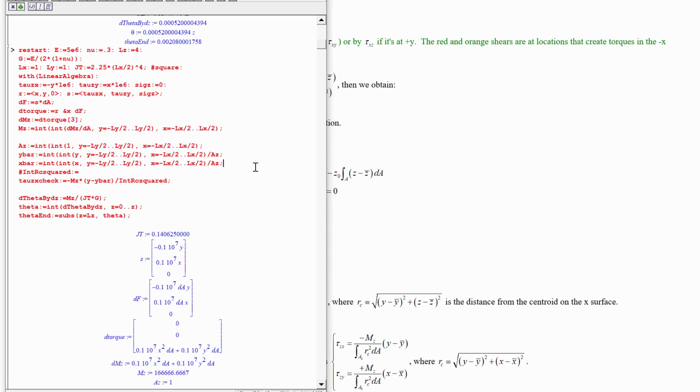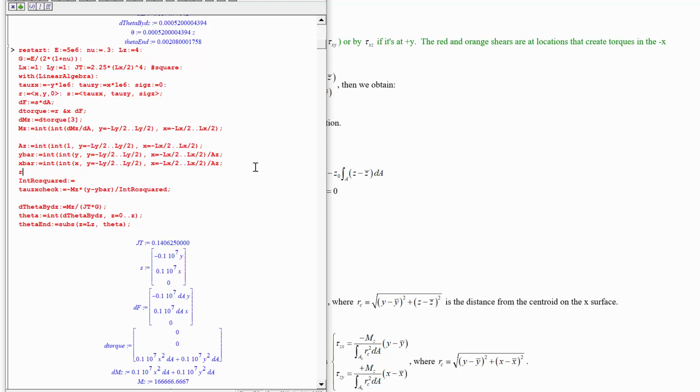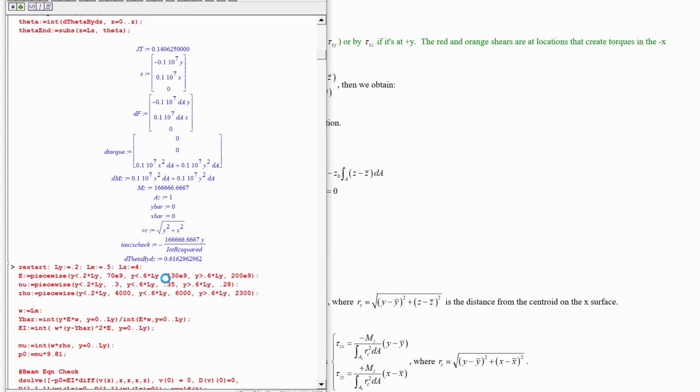Next, what will we get for this RC squared thing? We'll say that RC is defined as the distance from those average positions. So square root of y minus y bar squared plus x minus x bar squared. And that is just going to be root of x squared plus y squared.